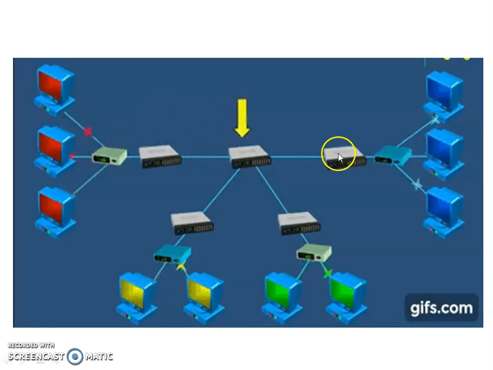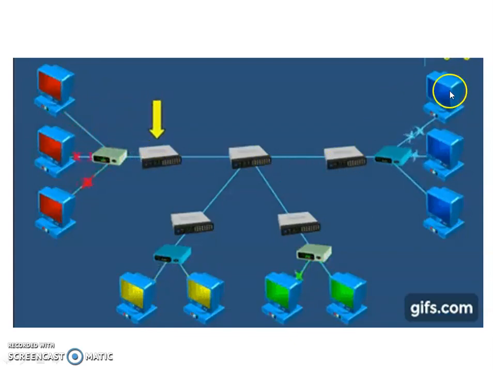And from there, the packets are transmitted to the intended receiver. So router helps to forward the data packets from one machine to other.